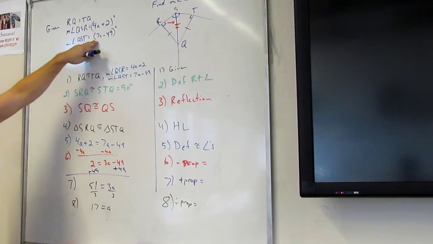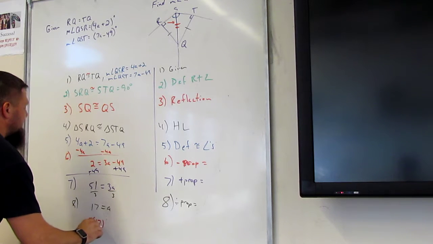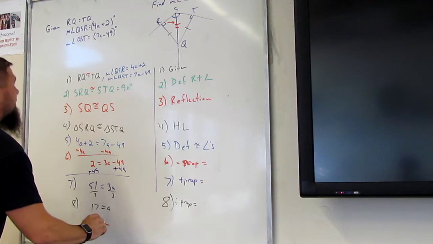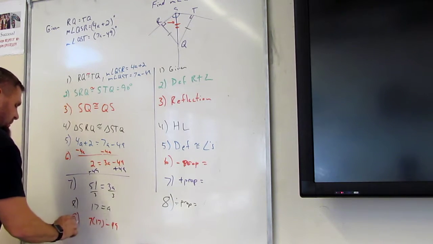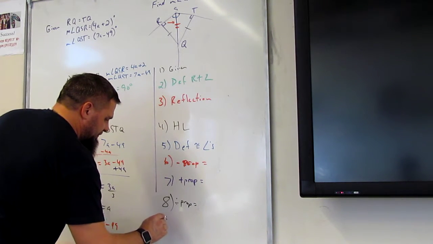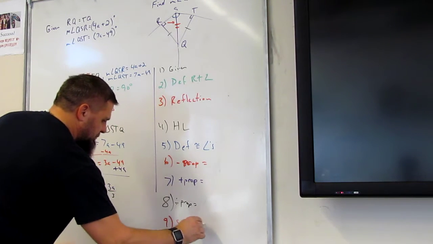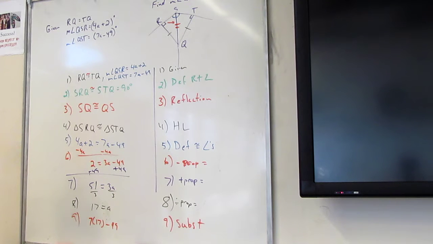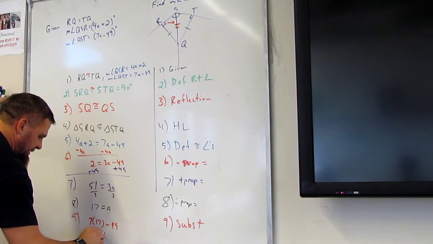I just plug it in, right? So 7 times 17 minus 49. Okay, so that's called substitution. Okay, and I should get, what is that, 70 plus 49 minus 49 gives me 70.